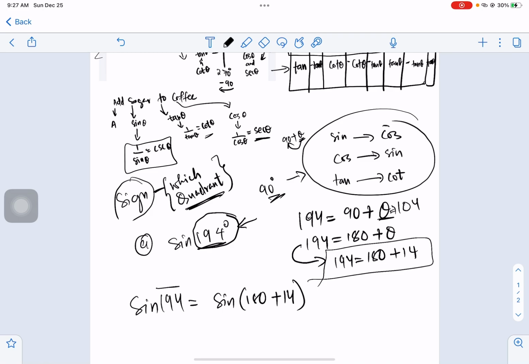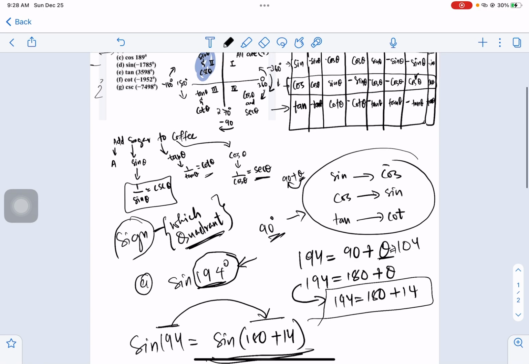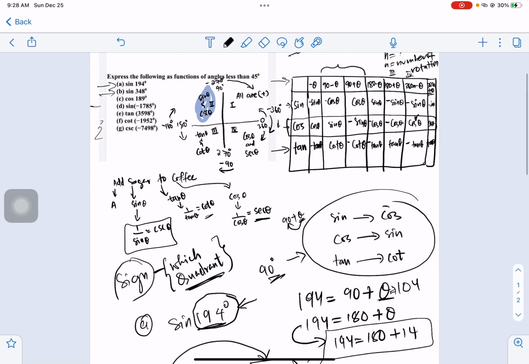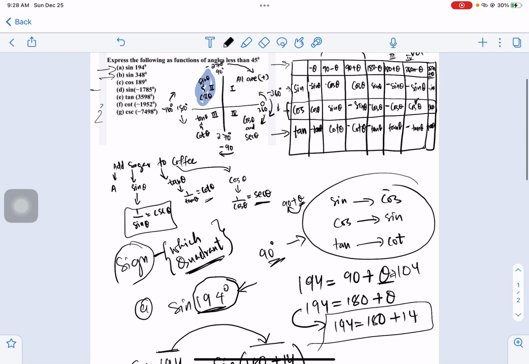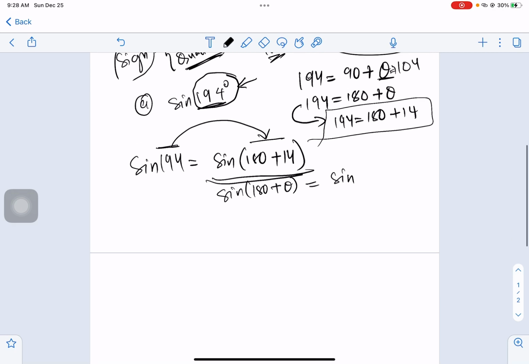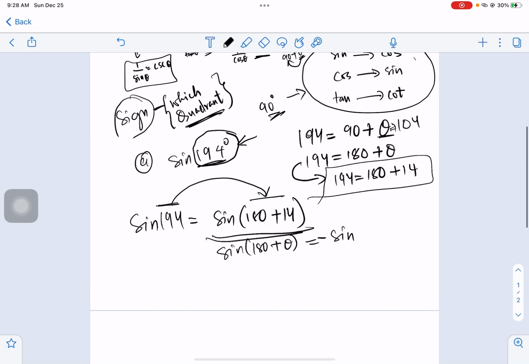So I'm not doing anything, I'm just trying to write this angle in a different form, right? Now, when you look at this pattern, it shows the same pattern as the allied angle 180 plus theta. For this, we knew that sine of 180 plus theta is negative sine theta.